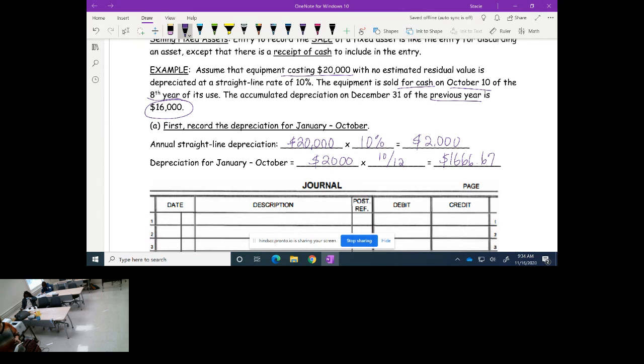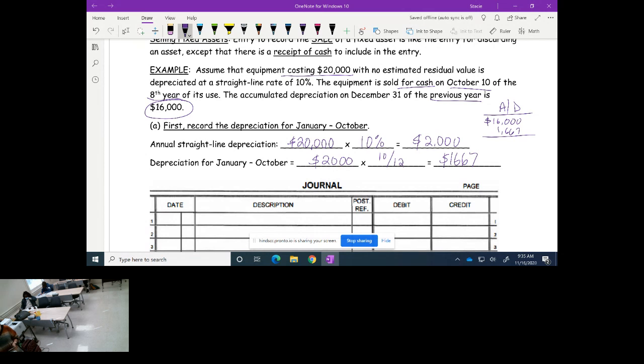To determine our accumulated depreciation at the time of sale, we'll take that 16,000 that we had through last year and add 1,667. I hate these fractional numbers. It's irritating. But of course, that's because I'm making the problems. They don't always come out nice and neat like they do in my book.